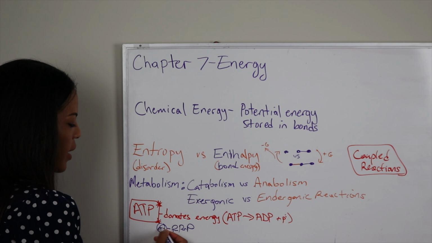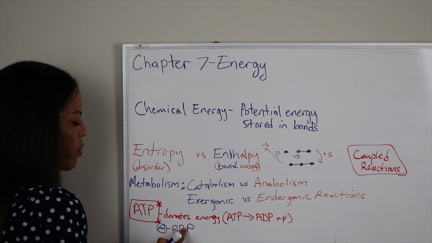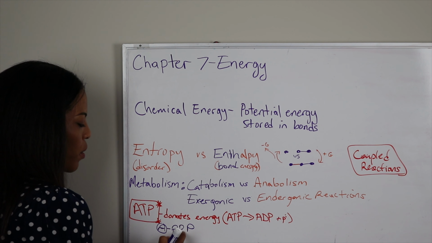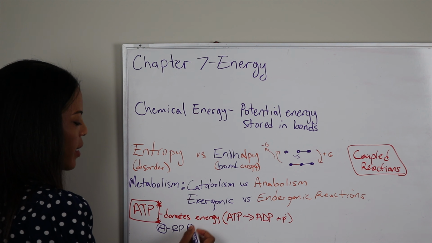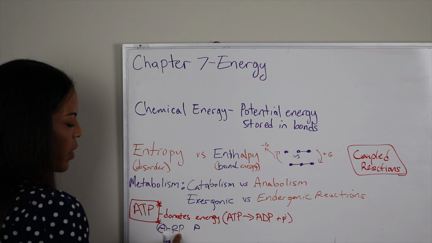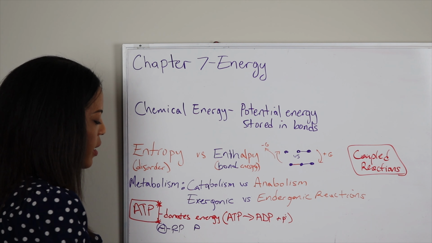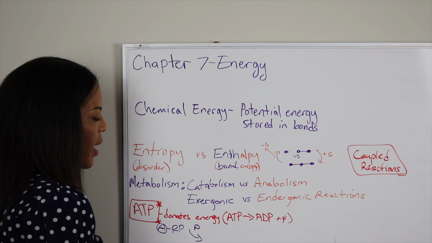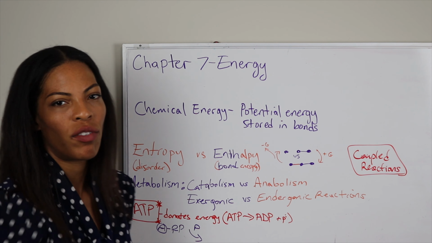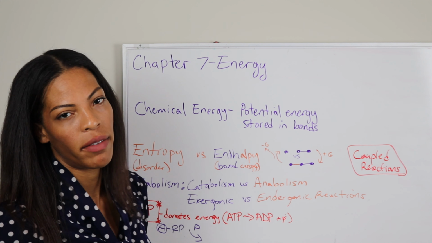And this phosphate on the end is very weakly attached. So a lot of times whenever this bond is broken, it becomes more disorganized, right? Because the phosphate is separated from the main molecule. So it releases energy, and that release of energy can go and drive other reactions. So it works with other reactions, or it's coupled to other reactions.